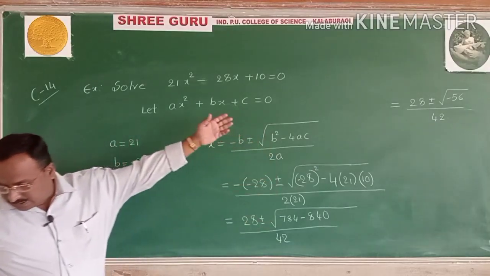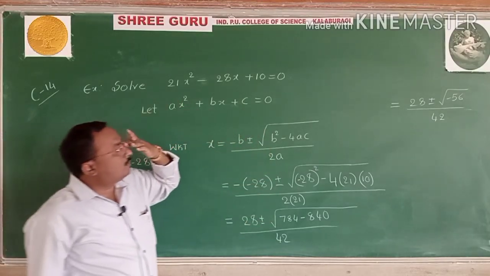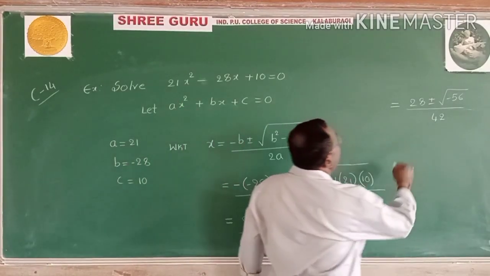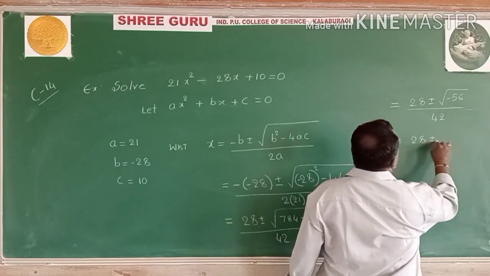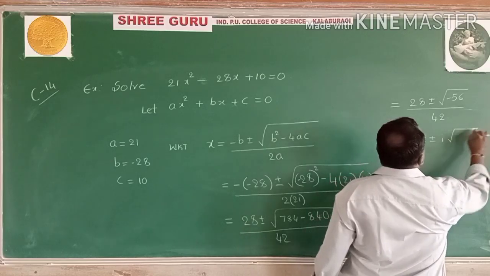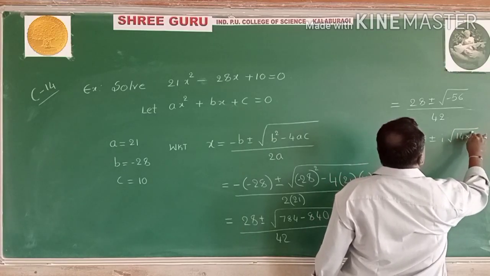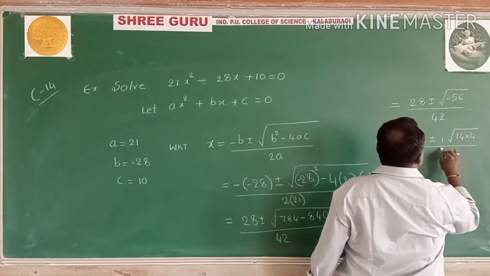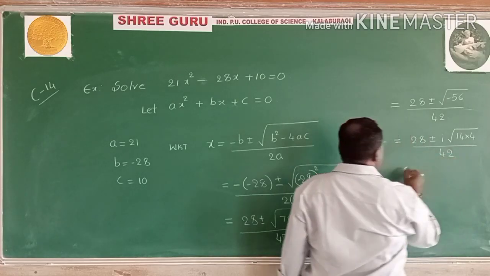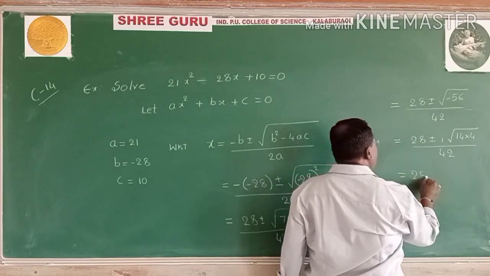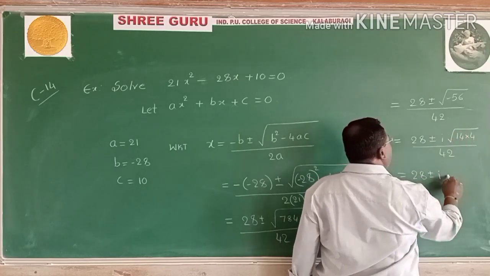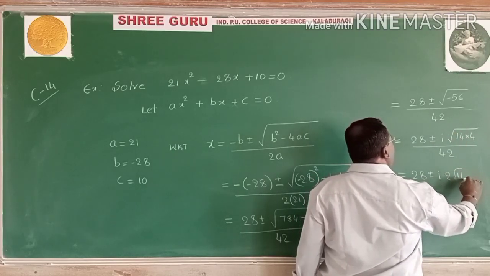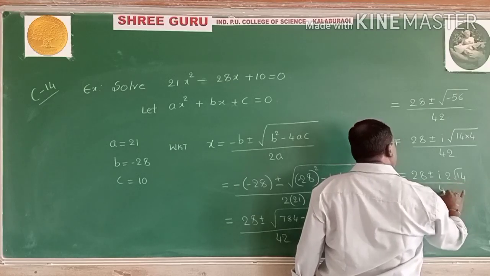Here 56 can be expressed as 14 fours. This can be expressed as 28 plus or minus i root 14 into 4 divided by 42, is equal to 28 plus or minus i, 4 take outside 2 root 14 divided by 42.